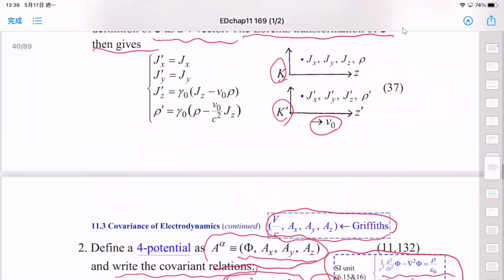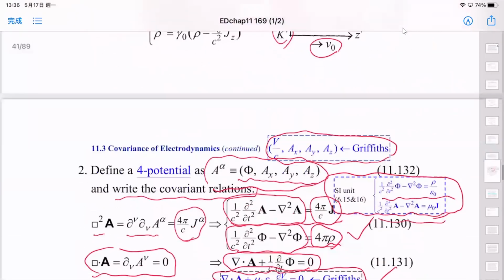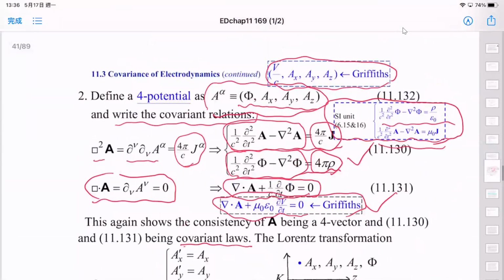Okay, so we know in the previous case, we had four-current, and now we have four-potential: phi, AX, AY, AZ.